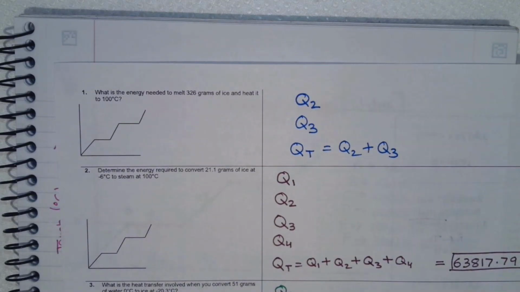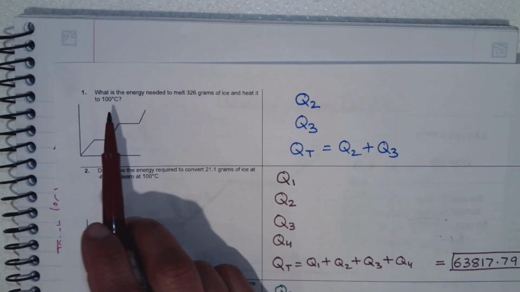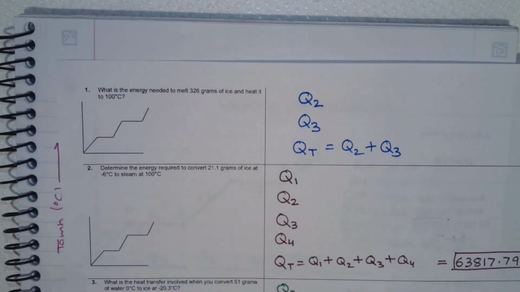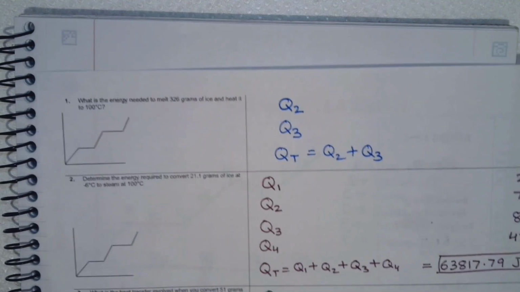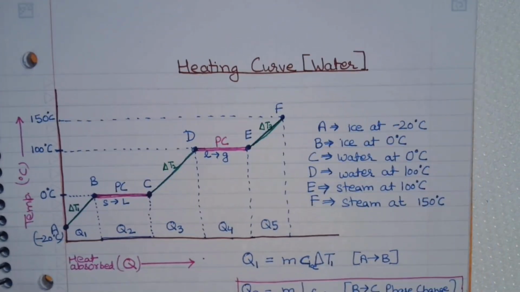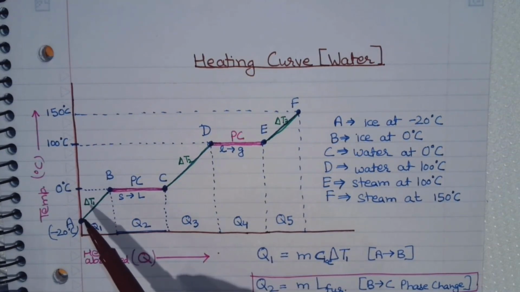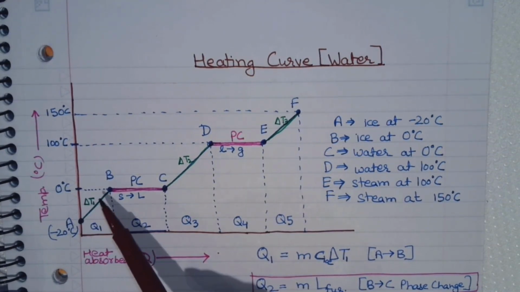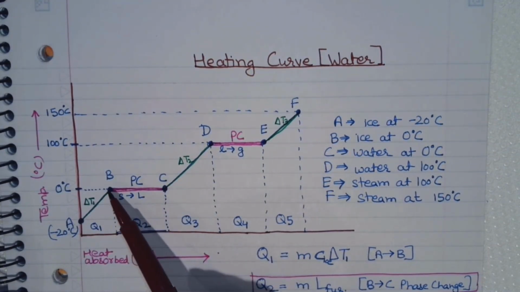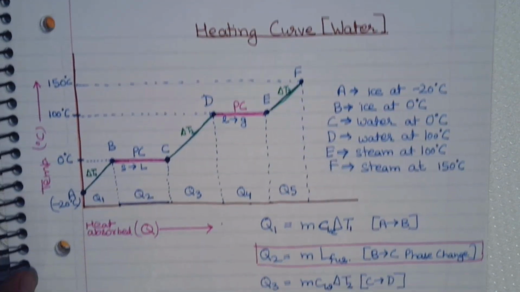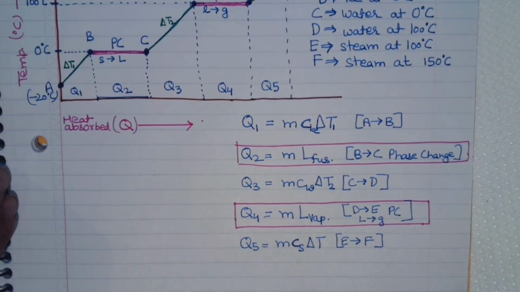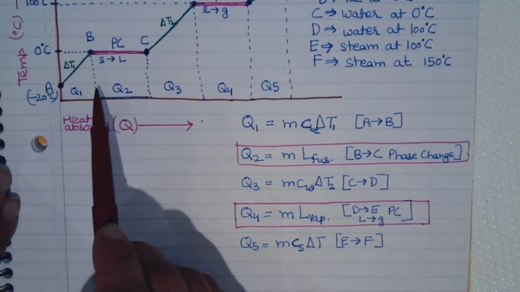practice handout. So how do we do the problems based on the heating and cooling curves of water? Just a quick review. You should know all the points: what is A, what is B, what is the phase at points B, C, D, E and F. And then you should be able to solve for different heats.